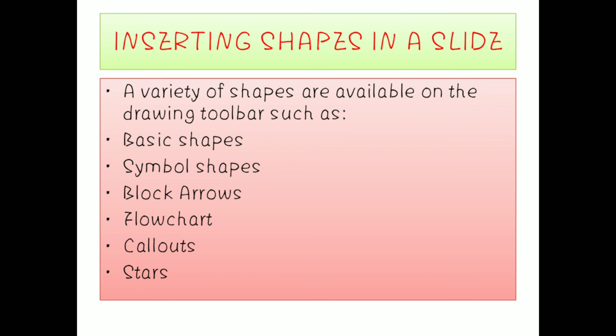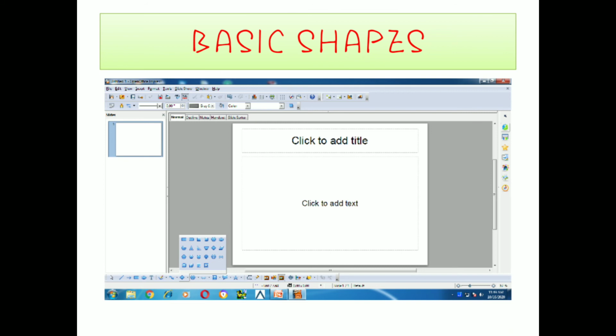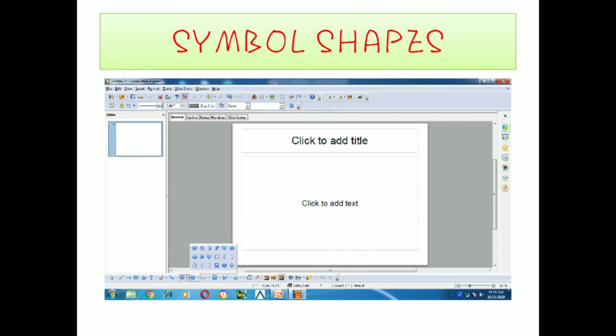Okay children, next, so see, basic shapes. Down here I have selected the particular icon and you got several options in this basic shapes. Within that basic shapes you can select whatever shape you want. Like that only there are symbol shapes. See, don't worry children, all these will be shown again in your practical class.